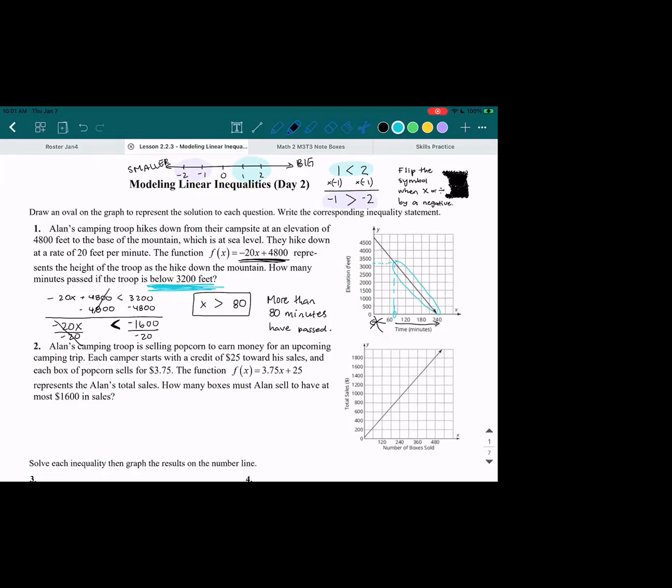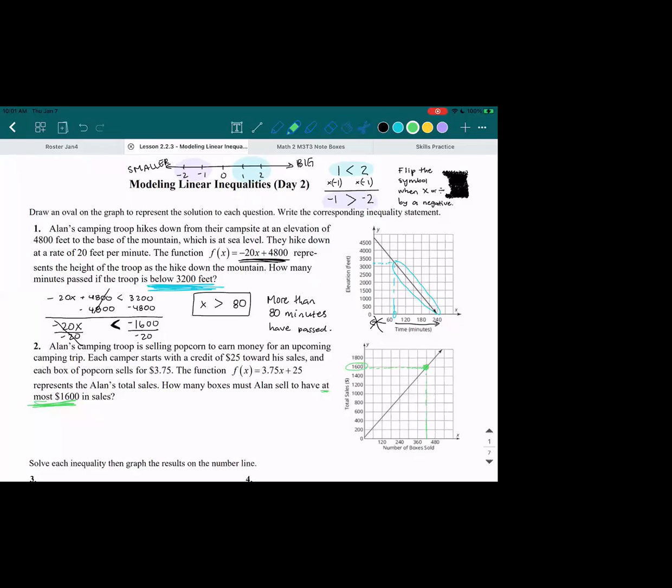Alrighty, so let's just pick a different color, because why not? Okay, at most 1,600 in sales. That means you want 1,600 or less. So let's go find 1,600 on our graph. Okay, here's 1,600 in total sales. So luckily for us, it's right on the line, and you can see that it happens right here. I'm just going to put a dot there, and then make our dotted lines down.